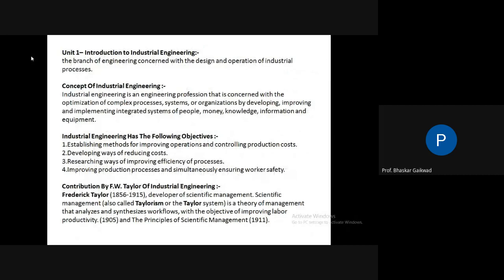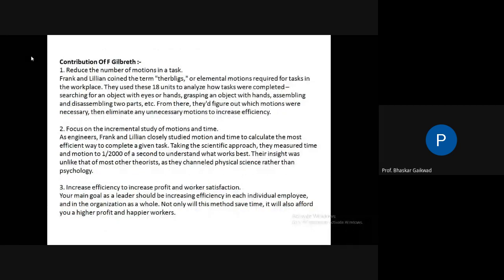Then we came across the introduction to industrial engineering: the definition, the concept, the objective, and the two scientists. F.W. Taylor's contributions related to method study, the father of scientific management. Then the contribution of Gilbreth related to motion study and time study.